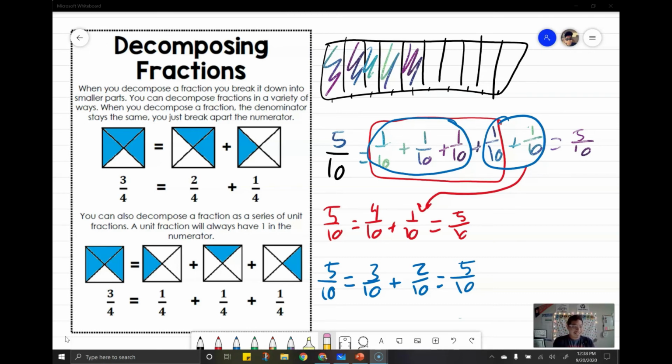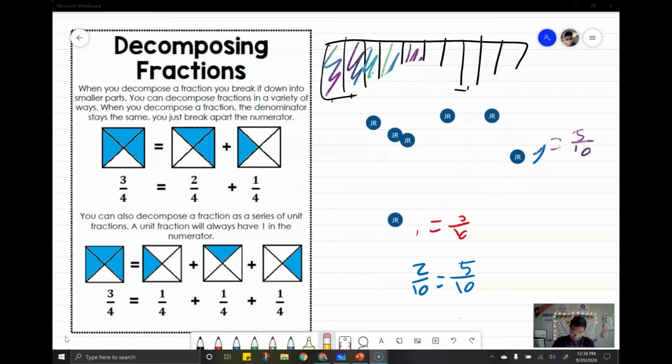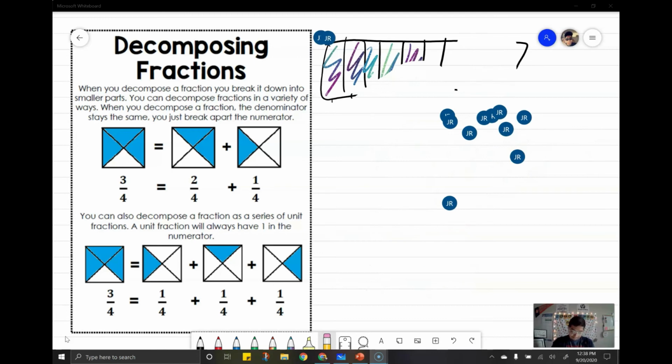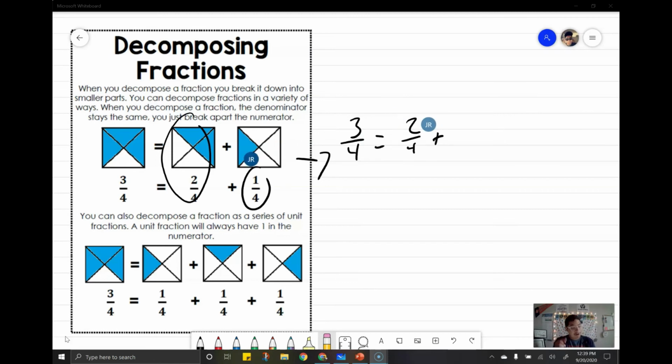Alright, so let's look at what the notes say. Okay, so in the notes, they have 3/4, and they broke it down into 2/4 plus its unit fraction, which is 1/4. And did they get the same thing?